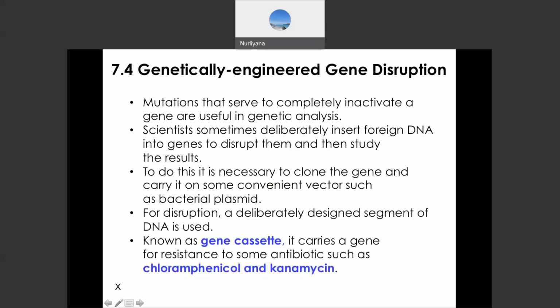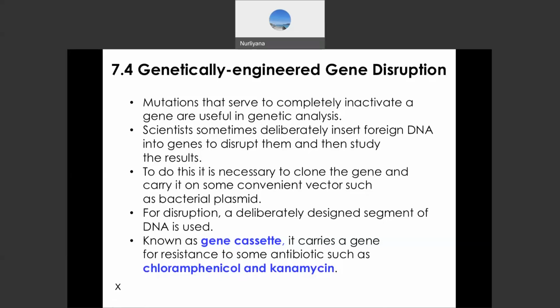If you read all through here, with this disruption, they can clone the gene and play around with it. They insert something in between and analyze what will happen.